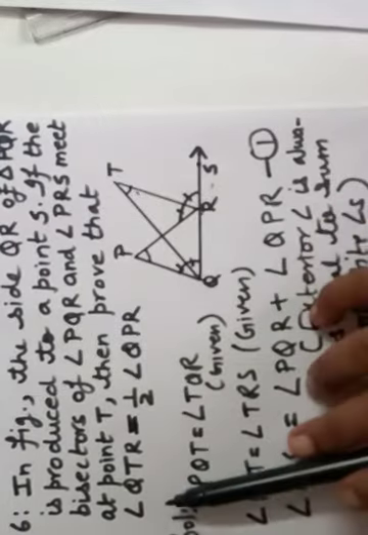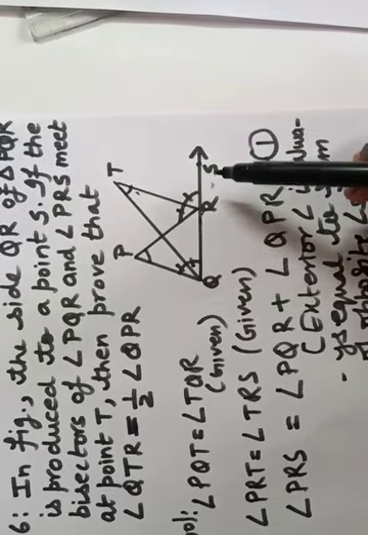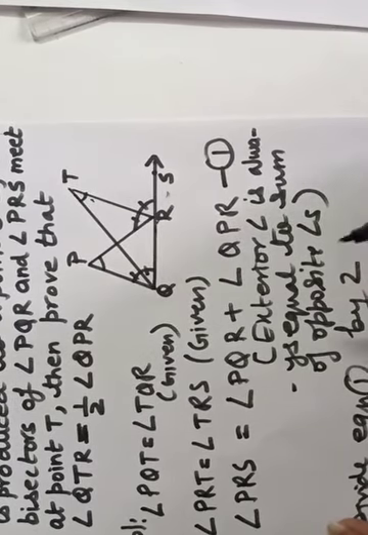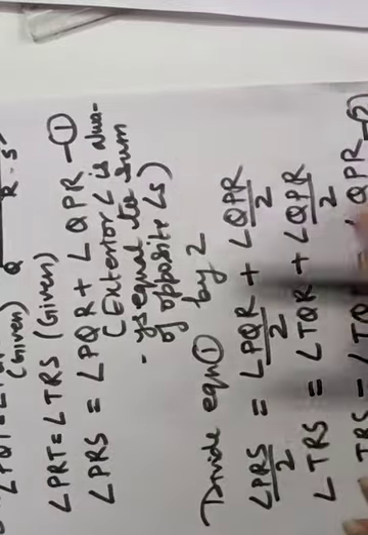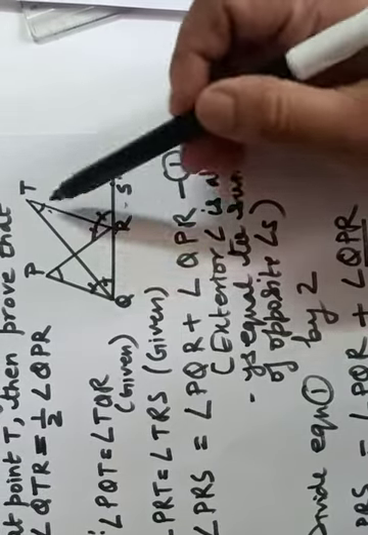See, again I am repeating for this question. This is a very important question. We need to prove this angle QTR is equal to half of angle QPR. Here we have used the exterior angle property: the exterior angle is always equal to the sum of the opposite angles. So we know that angle PRS is equal to PQR plus QPR, and here we have divided this equation, and because we need this angle QTR, we have taken this triangle.